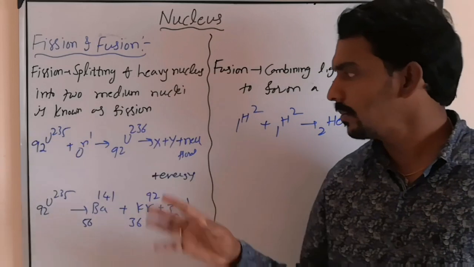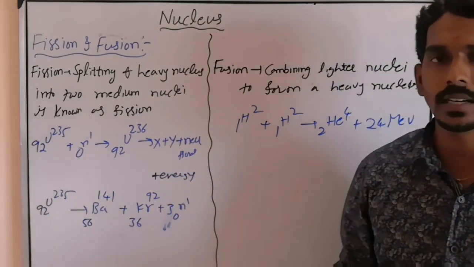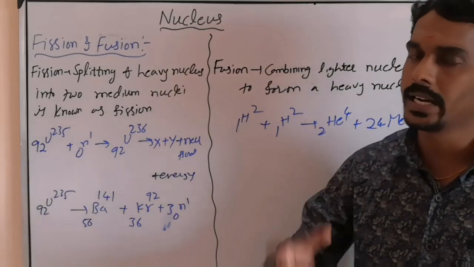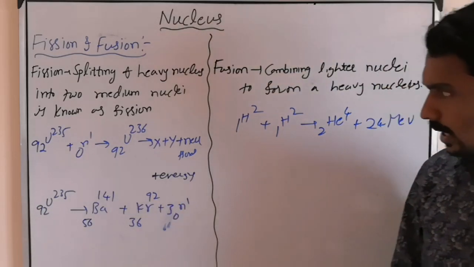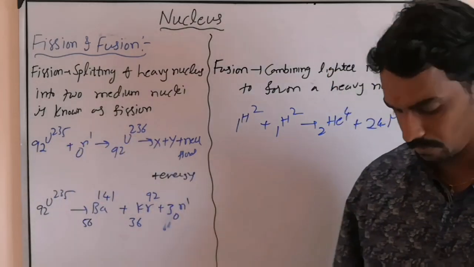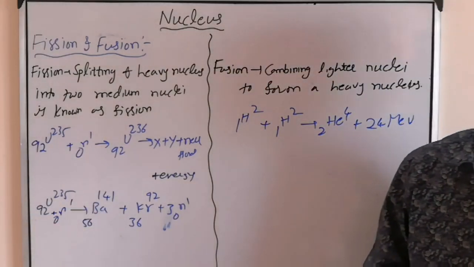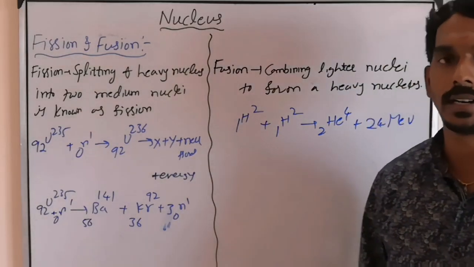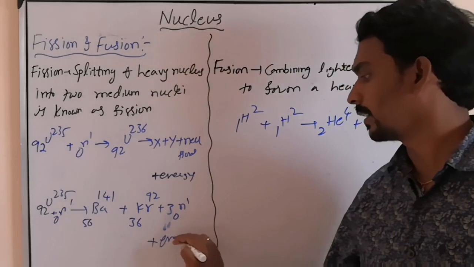One such element is uranium. For every fission reaction to take place, one fast moving neutron should hit the radioactive element. So here, 92 uranium 235 plus 0 n 1, meaning one fast moving neutron is hitting. Then it divides into two stable nuclides by releasing some amount of energy.